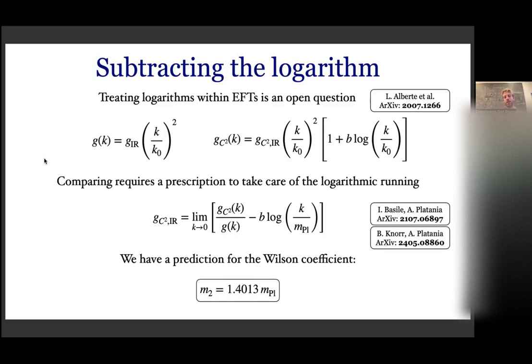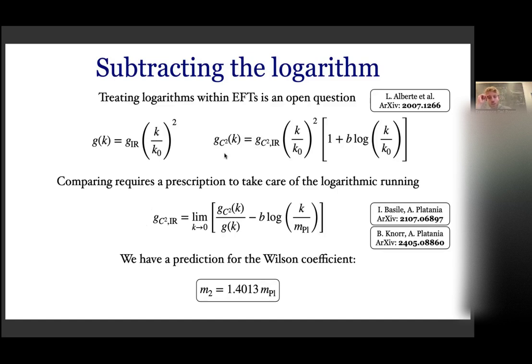This prescription has been proposed in these papers by Ivano Basile, Alessia Platania, and Benjamin Knorr, and Alessia Platania some years later, where basically they observe that we can subtract by hand the logarithm, singling out the finite part from the Wilson coefficient to define the Wilson coefficient.